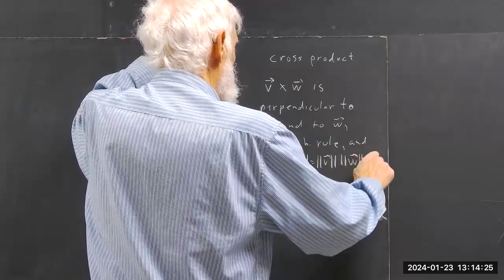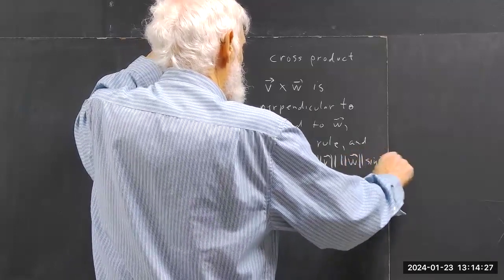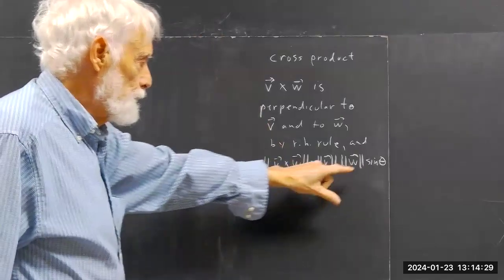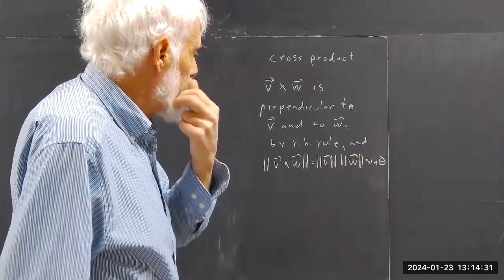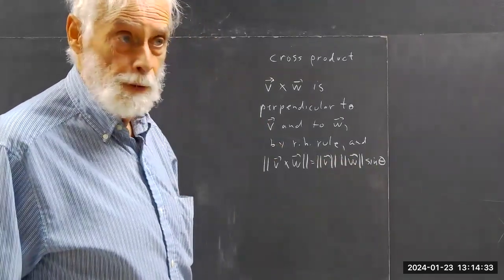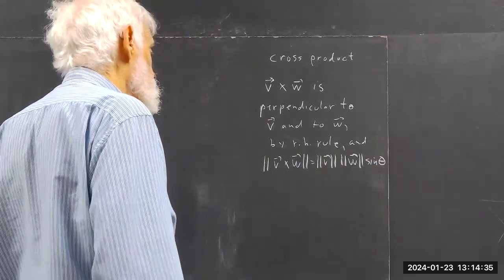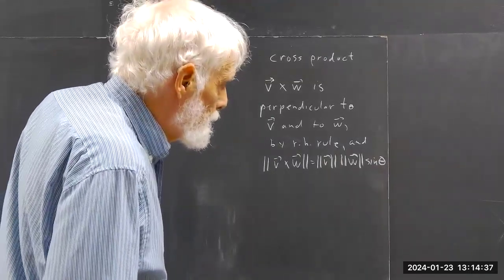The magnitude of V cross W is the magnitude of V times the magnitude of W times the sine of the angle between them.